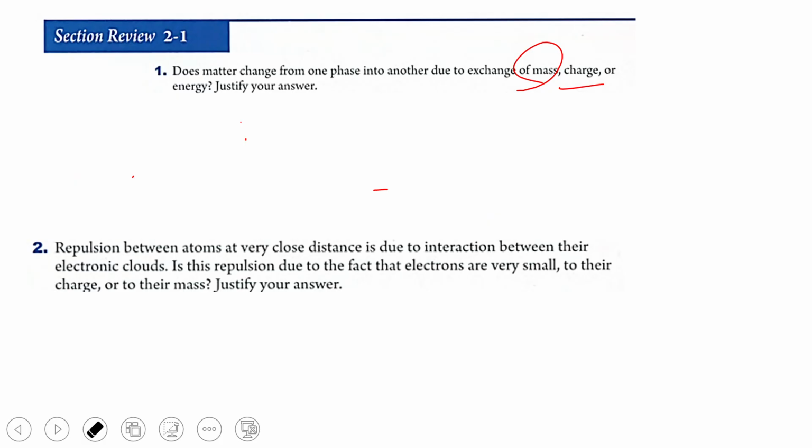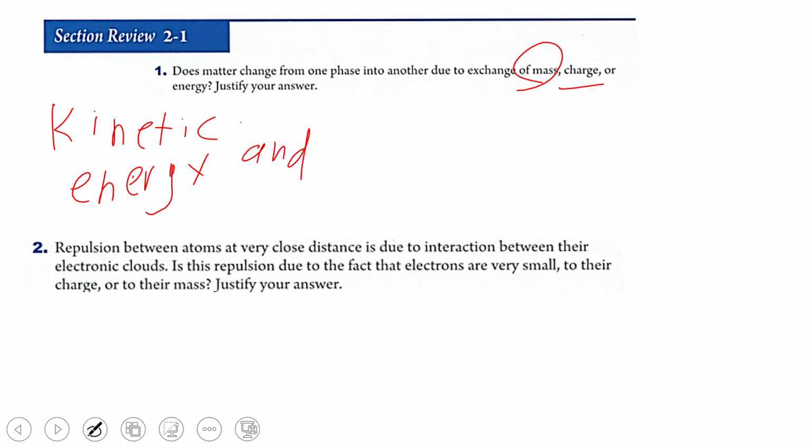Both of them. Matter changes from one phase into another phase through their kinetic energy and potential energy.